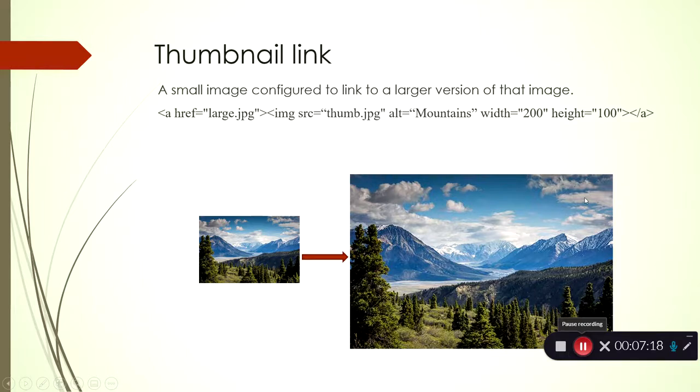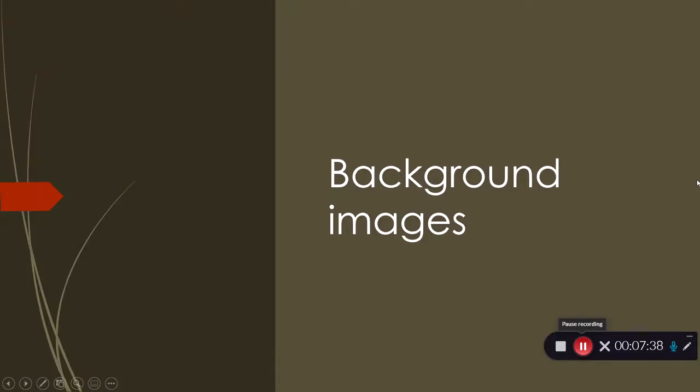It is the same technique I explained in the previous slide for opening pages using navigation images. If you click the thumbnail image, it will open up the large image. So that is thumbnail linking.